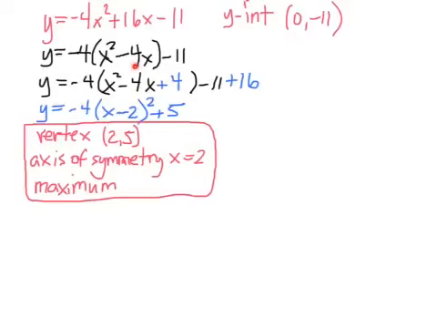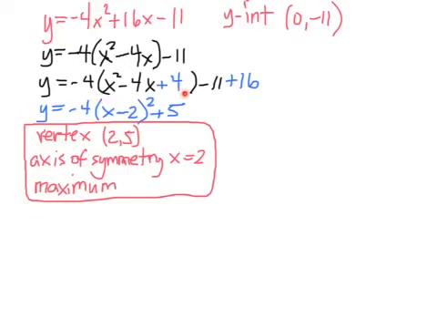The b over 2 squared would be 4 over 2 squared, which is 2 squared, which is 4. So I add a 4 right there, and negative 4 times 4 is negative 16. So really I'm adding a negative 16, and to counteract that, since I'm on the same side, I'm going to add 16.